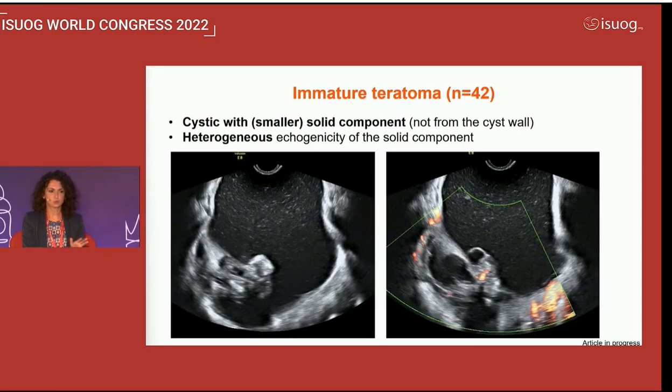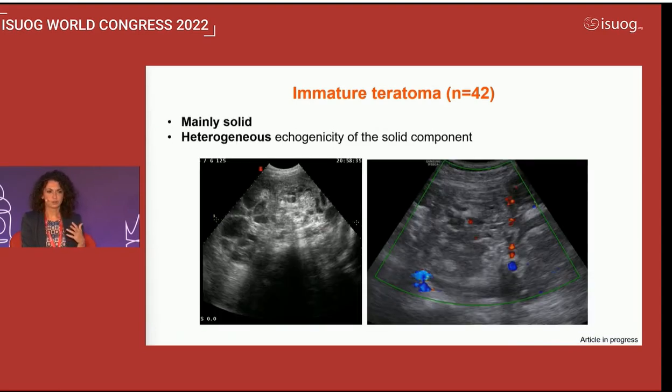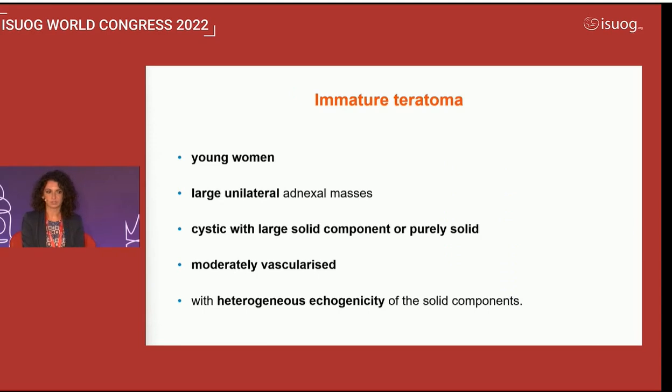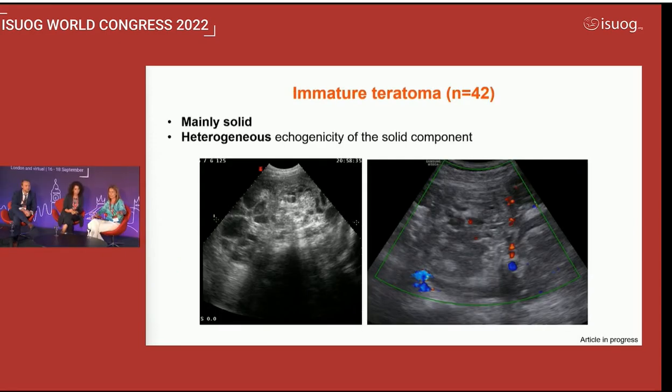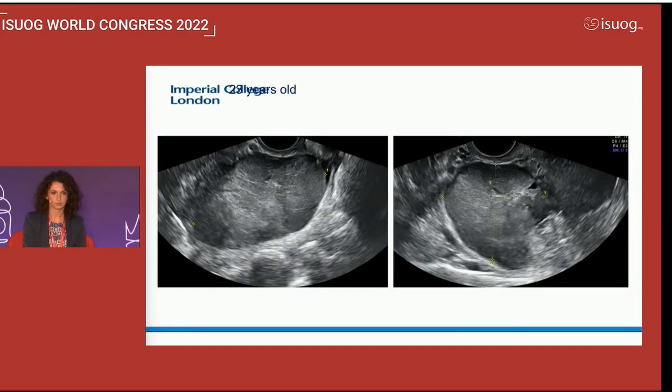And here, just to show you different cases with larger or smaller solid component, but all with this typical ultrasound appearance. Sorry, in the previous image, it's very clear on the left image, this hyperechoic area with shadows behind. Yeah. And here you can see vascularization is present, but it's not so highly and richly vascularized as you would expect for a malignant lesion, for example.